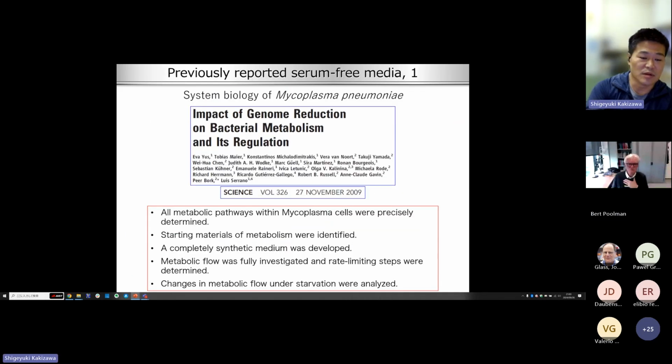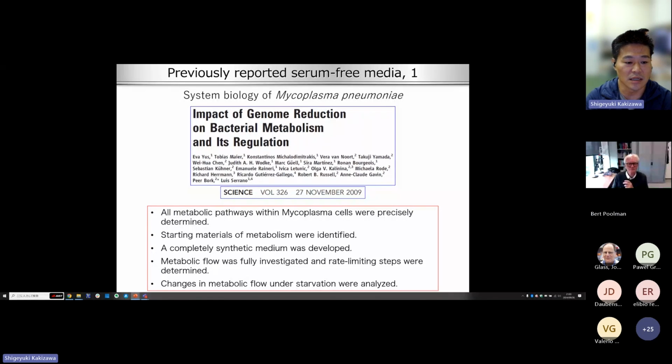Here is an example of a previously reported serum-free media in mycoplasma. This is for Mycoplasma pneumoniae, the pathogen for pneumonia. This is a very important and famous work by a Spanish group.